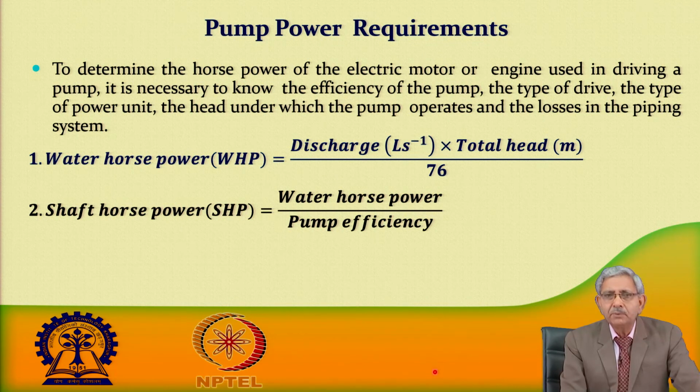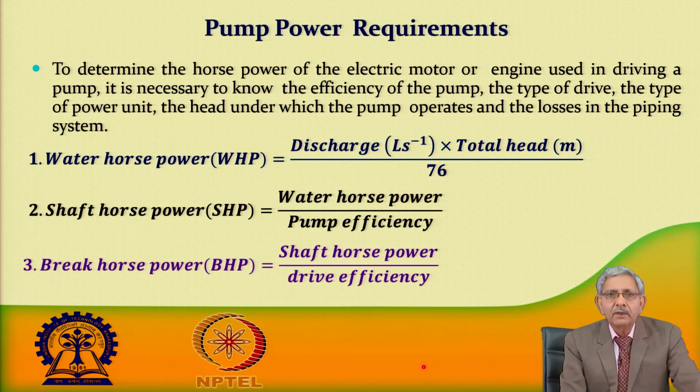In a very good pump, you hardly get 70% efficiency. Drive efficiency is another factor; we should ensure minimum loss in the drive. Sometimes we connect several belts and gear arrangements, which increases the brake horsepower requirement. Brake horsepower is computed as shaft horsepower divided by drive efficiency.